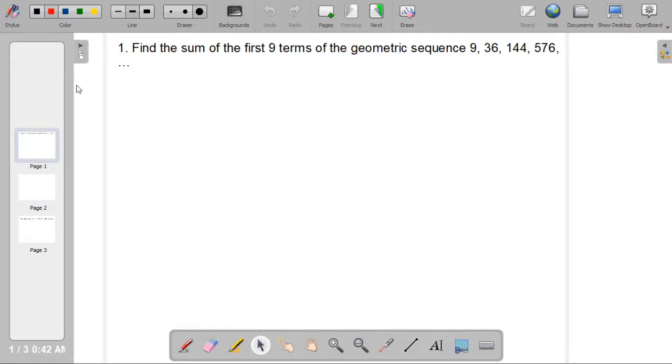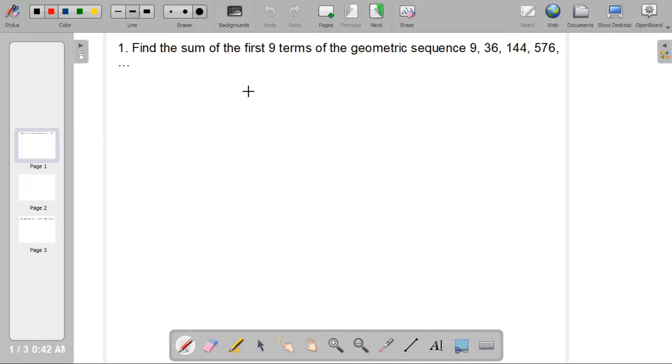Okay, first problem is here. We're going to find the sum of the first 9 terms of the geometric sequence 9, 36, 144, 576, and so on. Okay, klaro kayo no nga sa problem na ni, ang gipangita is the sum of the first 9 terms, meaning to say we are dealing with a finite geometric series here.